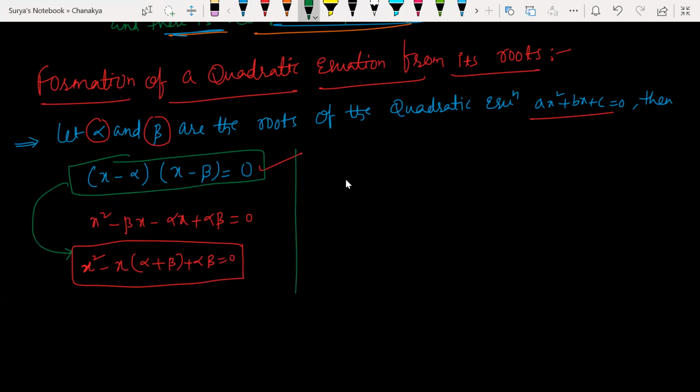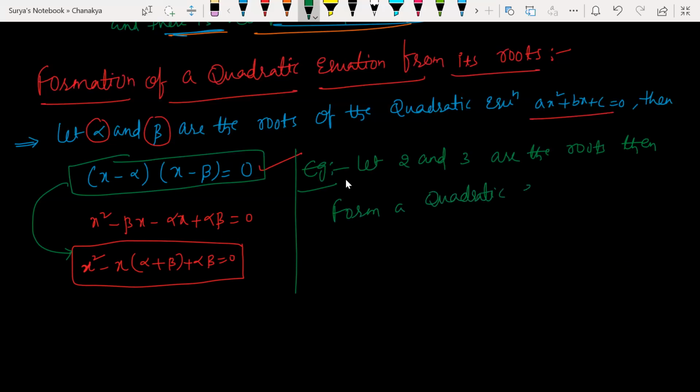Let us write one example. Let 2 and 3 be the roots, then form a quadratic equation. How can you frame a quadratic equation by using this? What is the procedure? X minus alpha. This is my alpha.